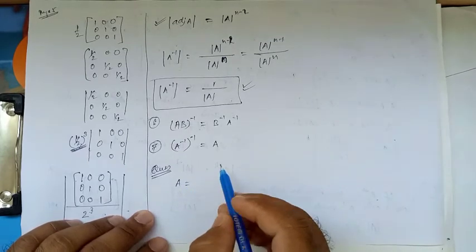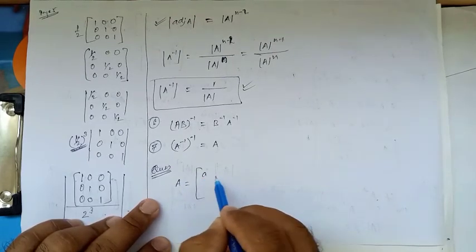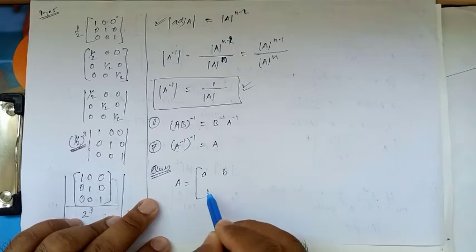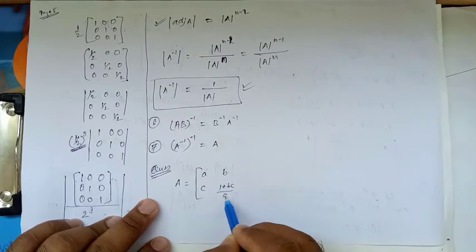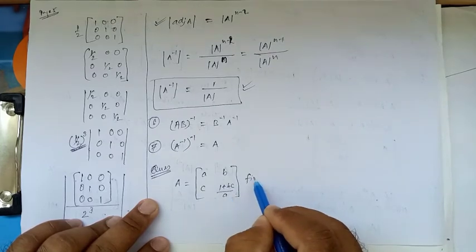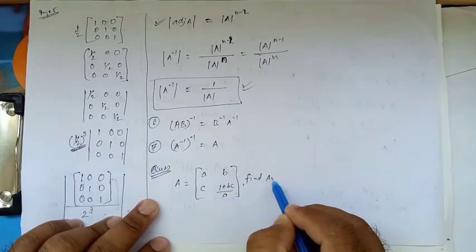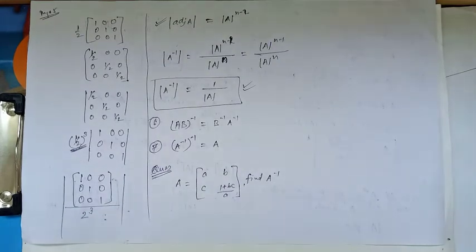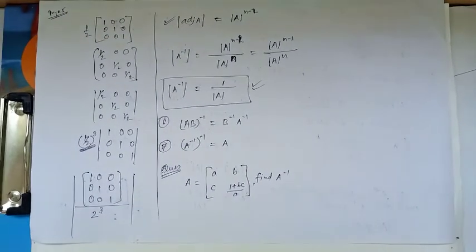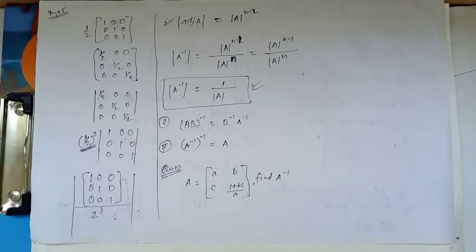A is given as A B C 1 plus BC by A. Find A inverse. This is the first part, and we will solve the second part also. This is the first part of the question, that is, find the A inverse.